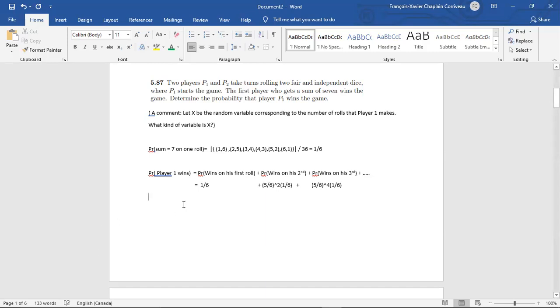If you had this question in your exam and wrote this, that wouldn't be bad. But instead, it's much better to write the following: player 1 wins on the kth round. What is that probability?